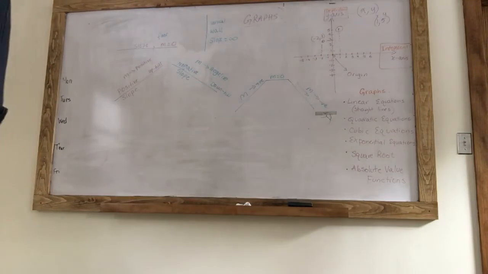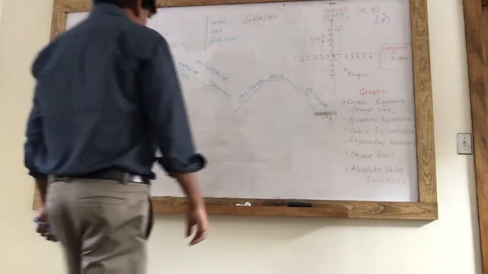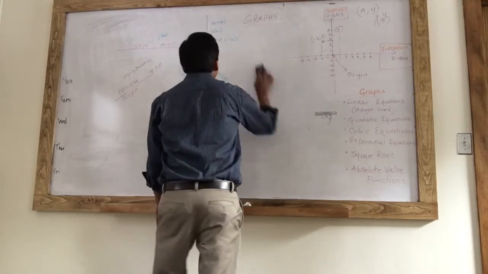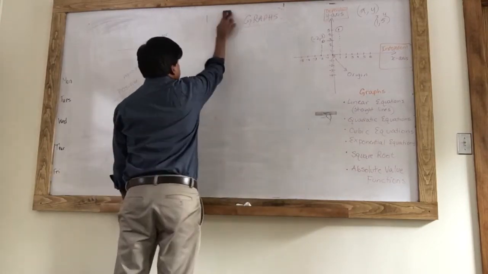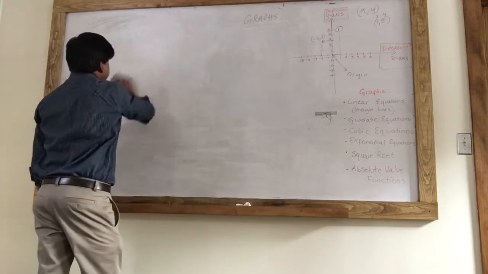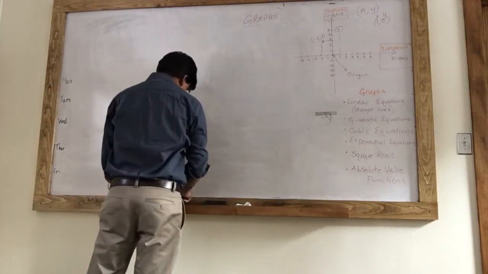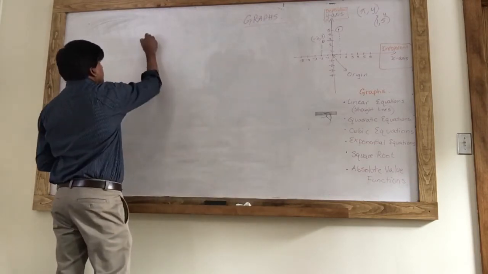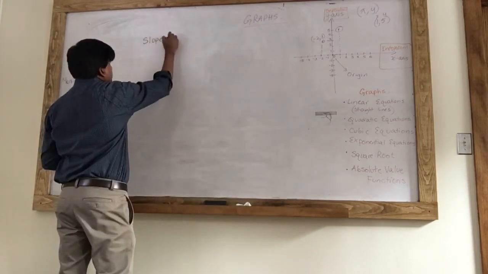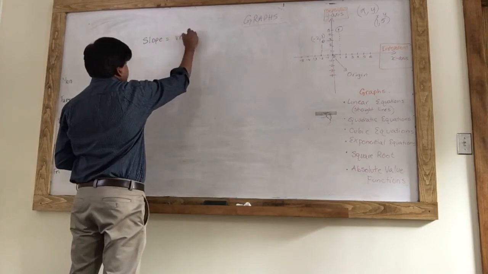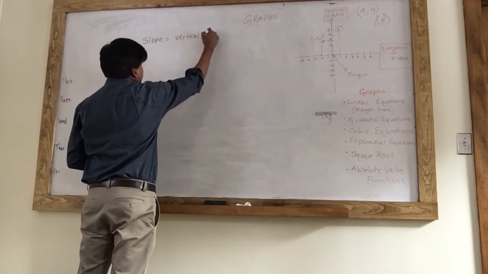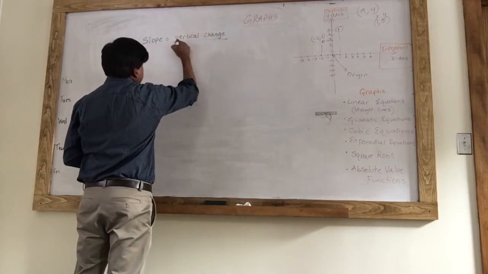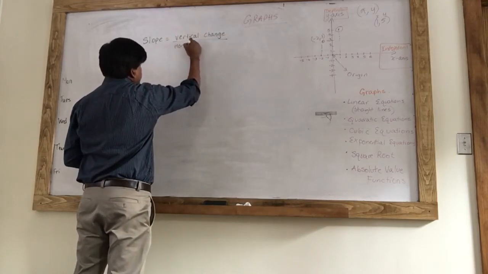Now how do you solve them? How do you solve for a slope? So I'll give you a formula and then we'll do some basic tips about it, okay? So, the formula for slope is vertical change or change in vertical axis divided by horizontal change.